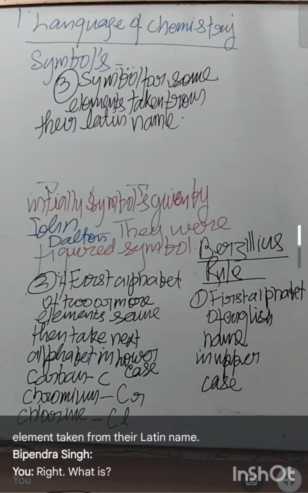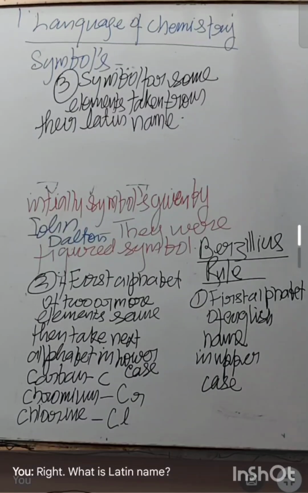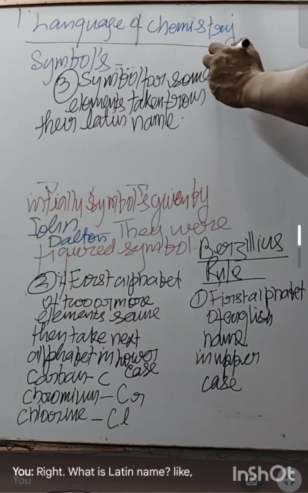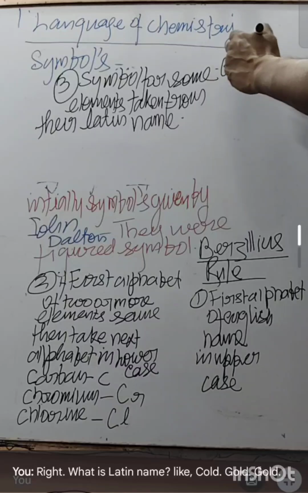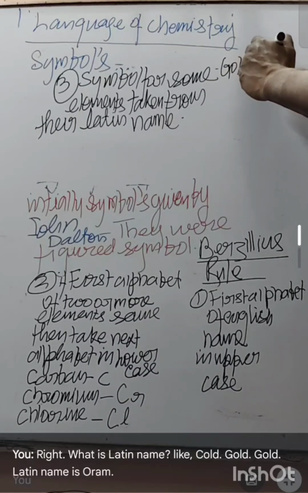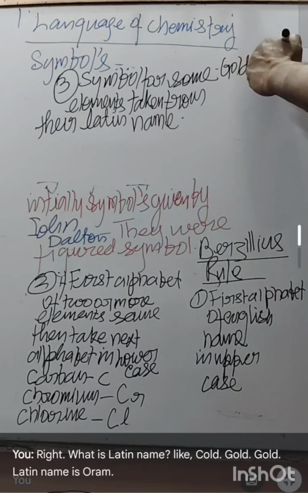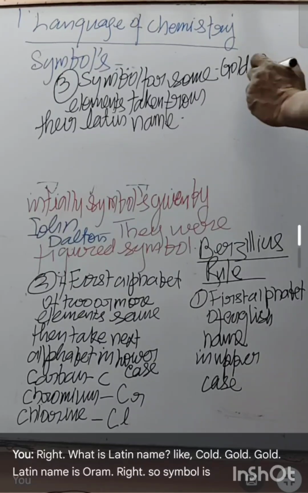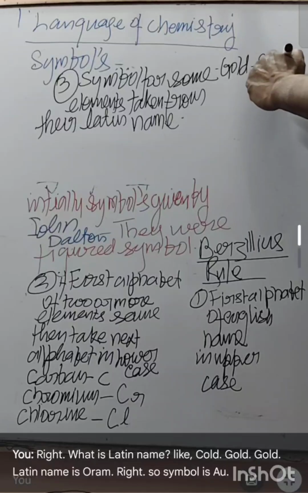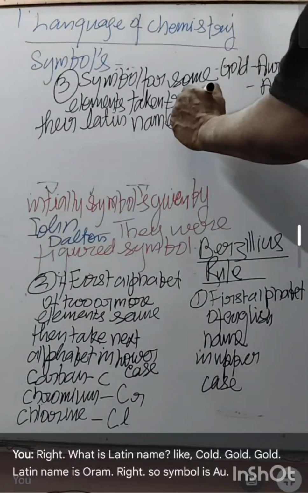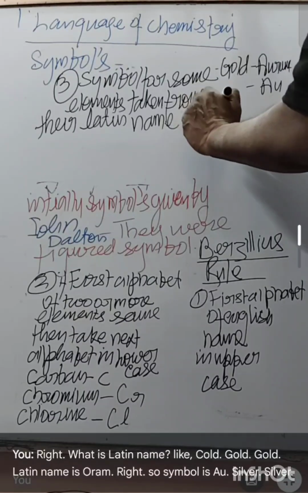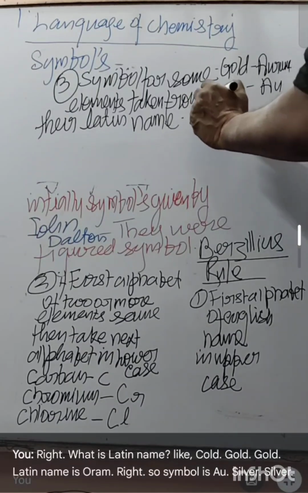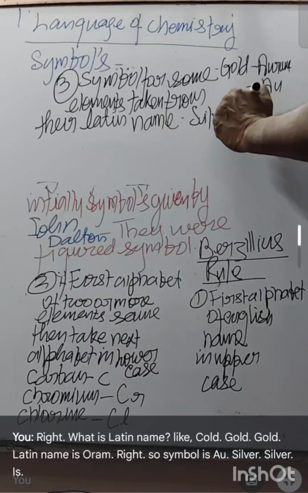What is a Latin name? Like gold. The Latin name is aurum, right? So the symbol is Au. Silver is argentum.